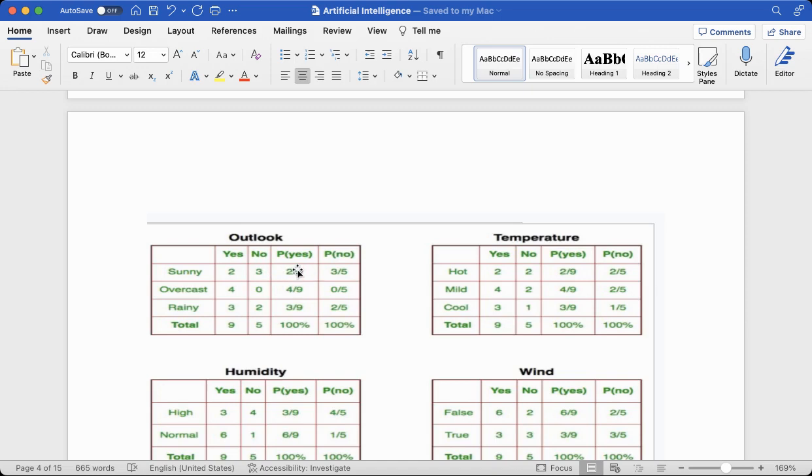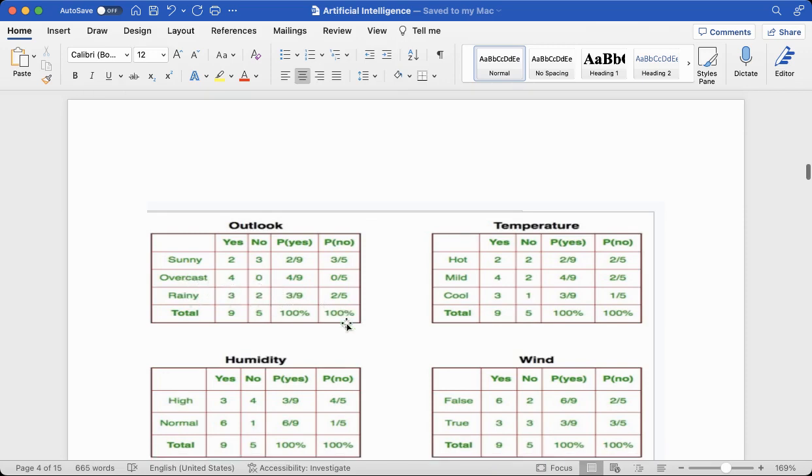As we have just calculated, total yes are 9, and in the case of no, the probability of no is equal to 3. 3 are no, divided by 5, that is the outcome value of our no, right? And same like that the overcast. So what we have is total 9 yes and total no 5. When we sum this up, it will come to 14.